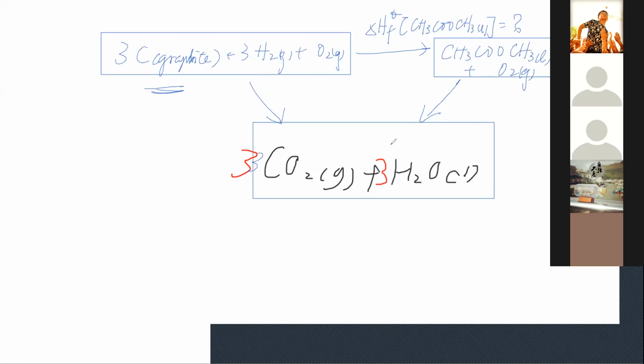Is it correct? It's 3. And then later on, you are going to write down the oxygen remaining. 3 times 2 equals 6, and then plus 3 equals 9. So minus that 2. Remember, you are going to minus that 2. Here comes 7.